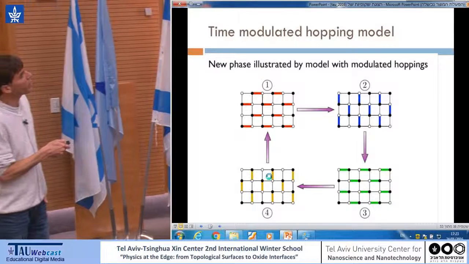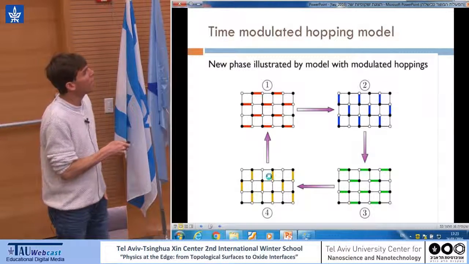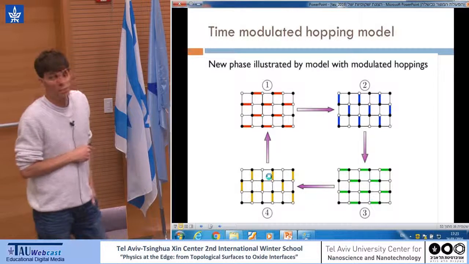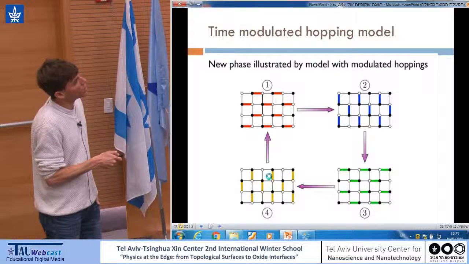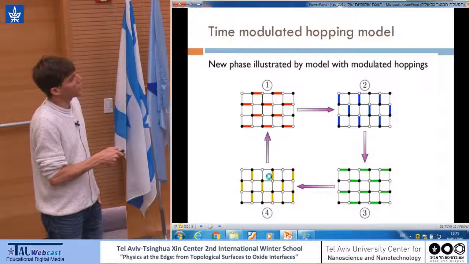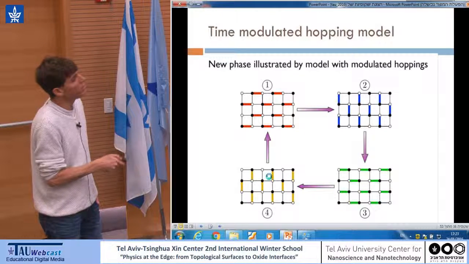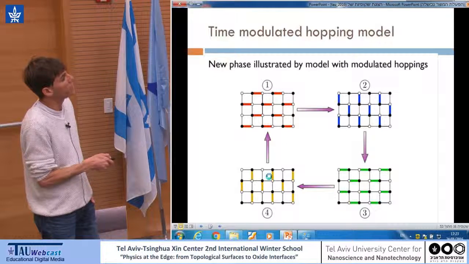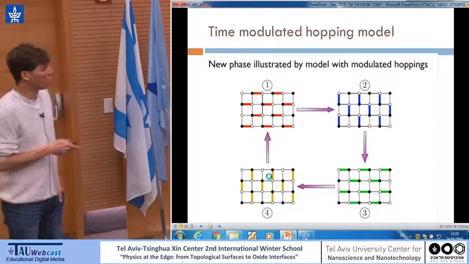In the first sub-period, we turn on these red bonds for a very specific time, and this is the time that moves one particle from the black to the white sites, or vice versa. Then in the second sub-period, we turn on the hopping on these blue links, in the third part we turn on the hopping on the green links, and then the yellow links are turned on in the fourth part of the evolution.